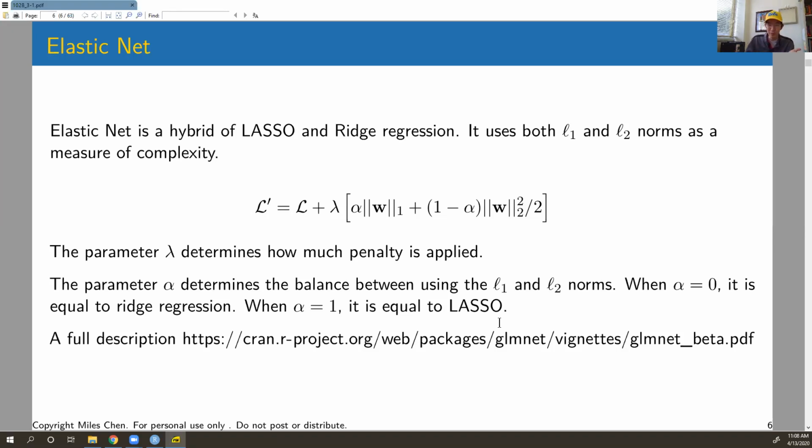Well, I'm sure there's probably some package out there that does LASSO all by itself. But I would say glmnet, the ElasticNet, is probably one of the more frequently used packages for implementing LASSO.